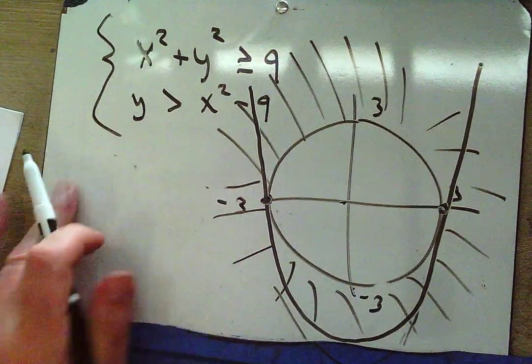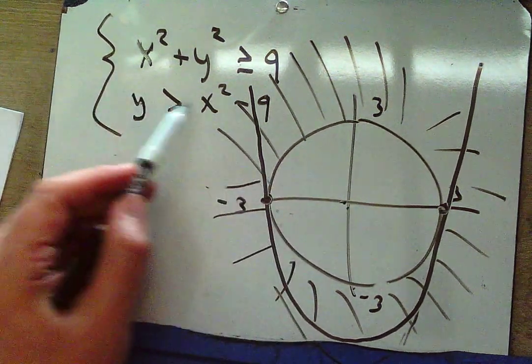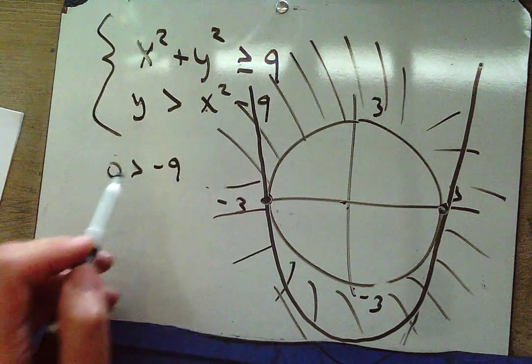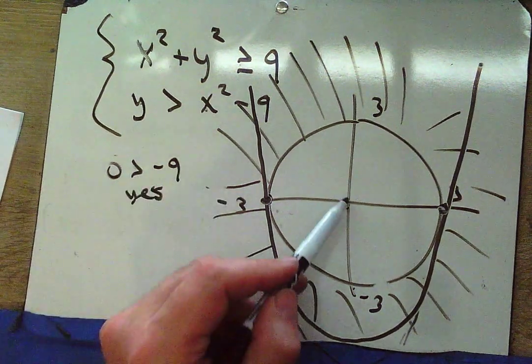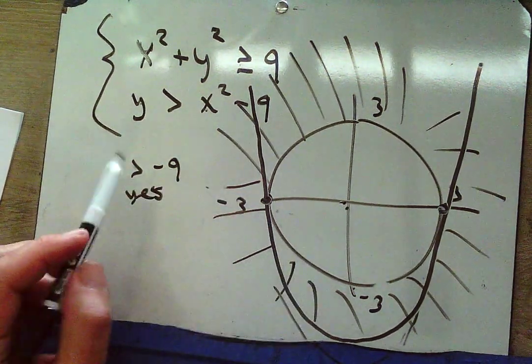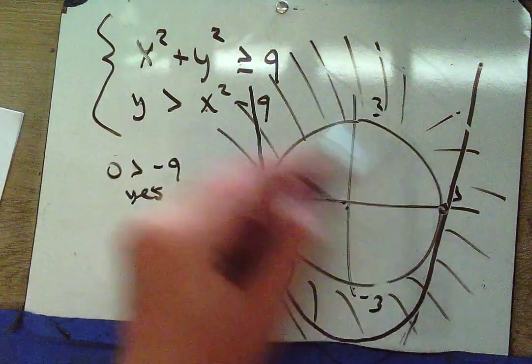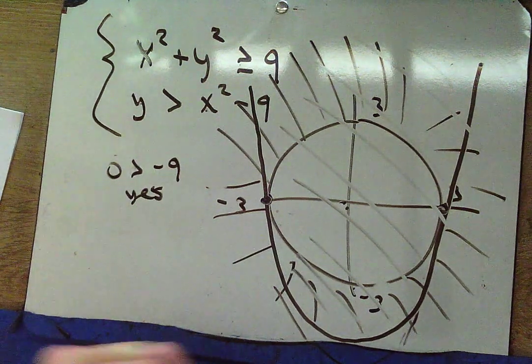Okay, and which way do I shade? Does 0, 0 work in this situation? 0, 0, minus 9. Is 0 bigger than minus 9? Yes. That's a yes. And so that means the shading goes on the inside of this parabola. Okay. So where do you see the overlap?